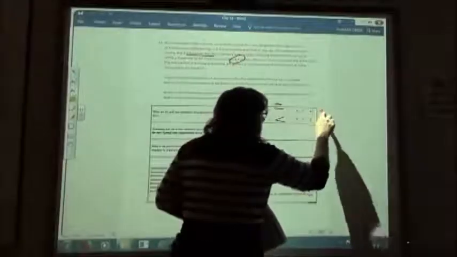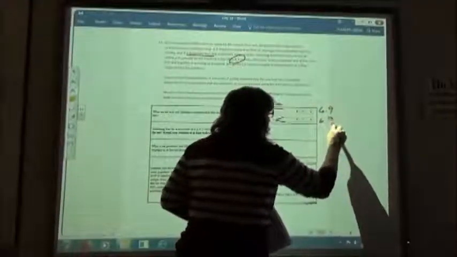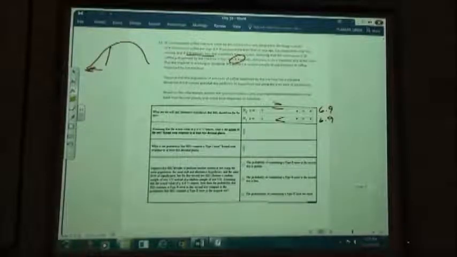If it's not less, it's greater than or equal to the amount we're comparing it to, 6.9. So for my null hypothesis, I'm going to do greater than or equal to 6.9. For my alternate one, less than 6.9. Which means we're going this way, to the left side.